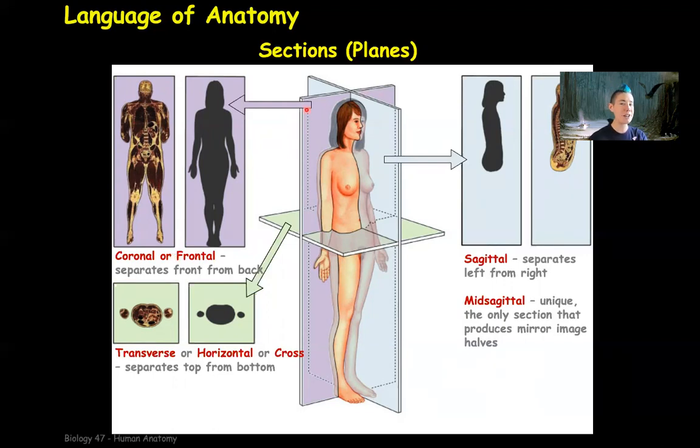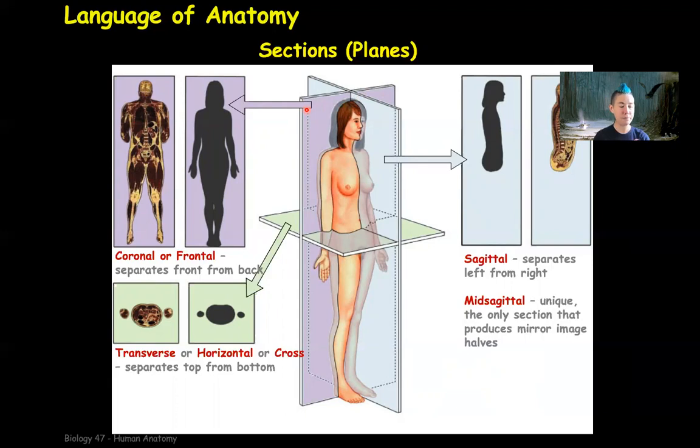The coronal section would separate the front from the back, anterior from posterior. And this would be good for getting, for instance, an internal look at the kidneys. If you wanted to slice all the way down through the kidneys, you'd be using a coronal or a frontal section.